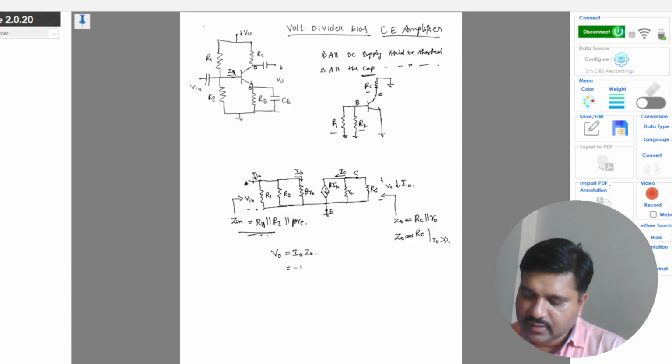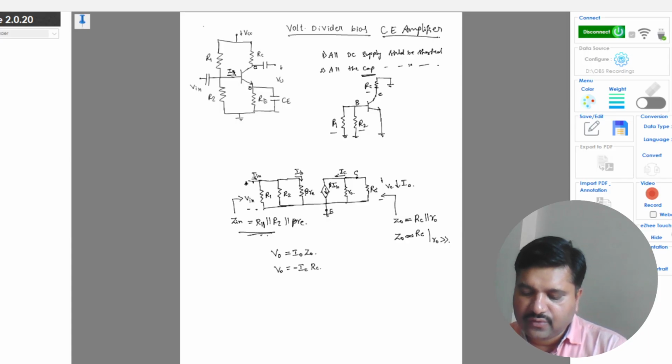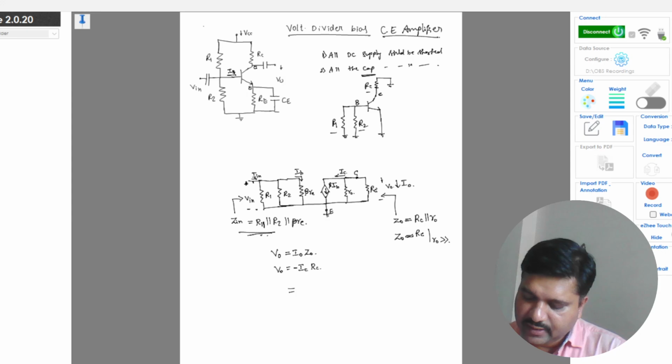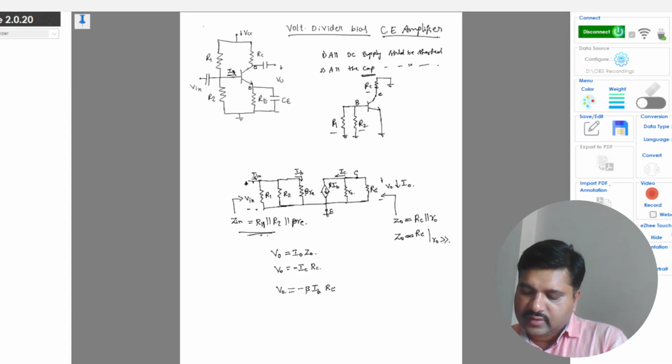So I0 is nothing but minus IC and Z0 is nothing but RC. So V0 is equal to minus IC into RC. IC is nothing but beta IB, so V0 is minus beta IB into RC.